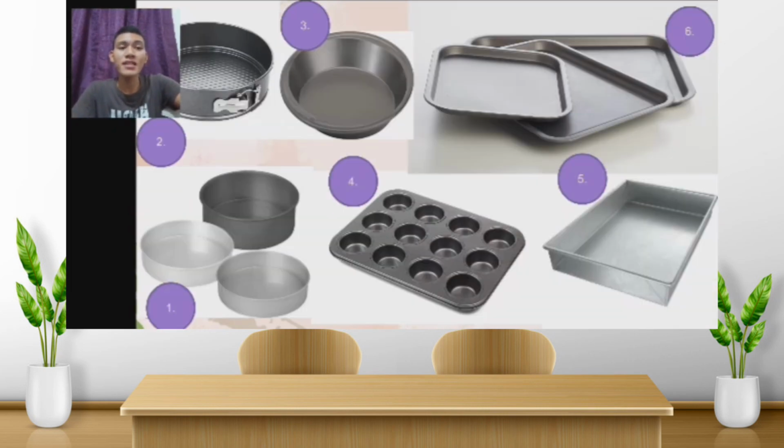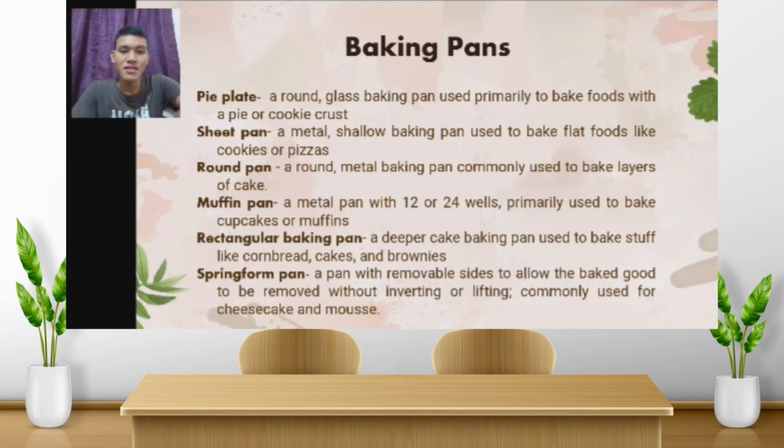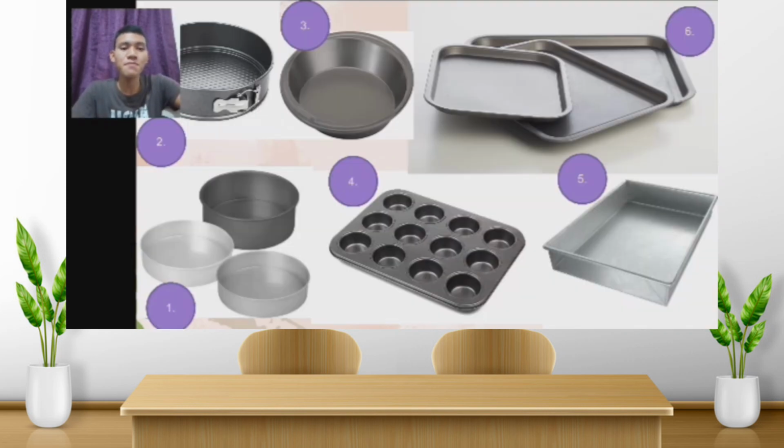Number five, that is a baking sheet. No, a baking sheet or sheet pan. And lastly, number six, that is the rectangular pan. No, so it is very understandable, class. We can easily identify these types of pans just by simply looking at them. Okay? So that is how they look, class.